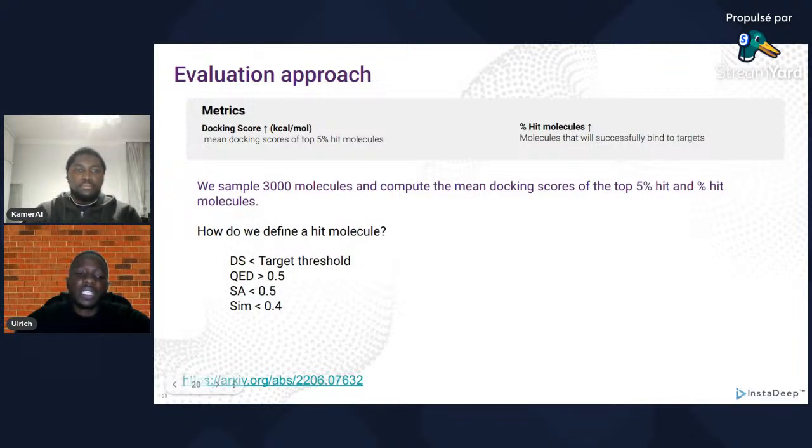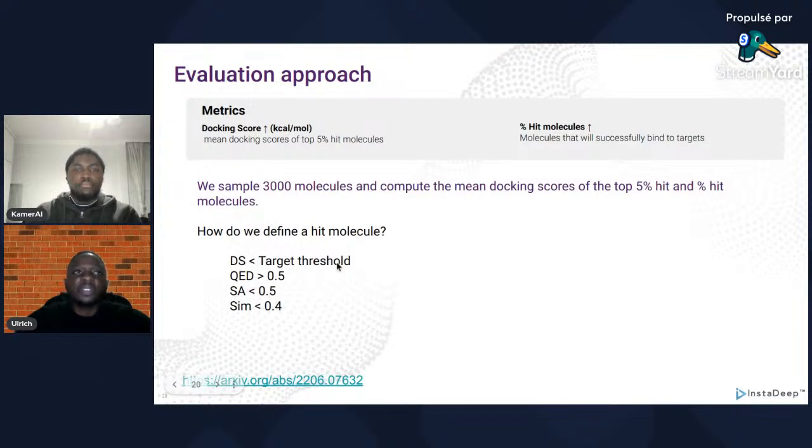For that specific target, you want the docking score to reach a certain value for a molecule to bind well with it. All of the targets already have a set target docking threshold, so a hit molecule was a molecule whose docking score was less than the target threshold.